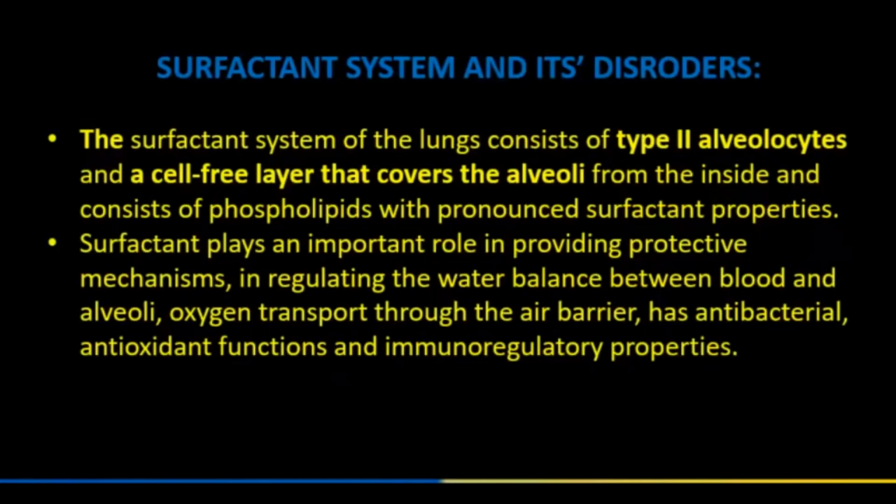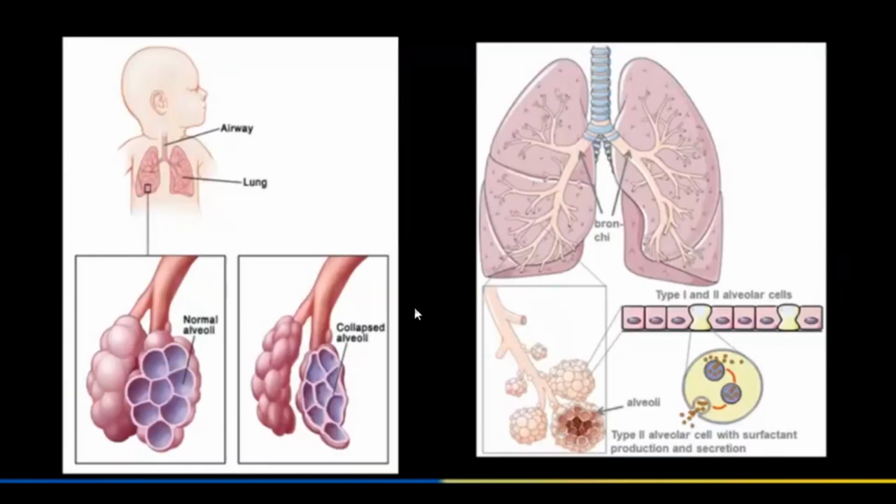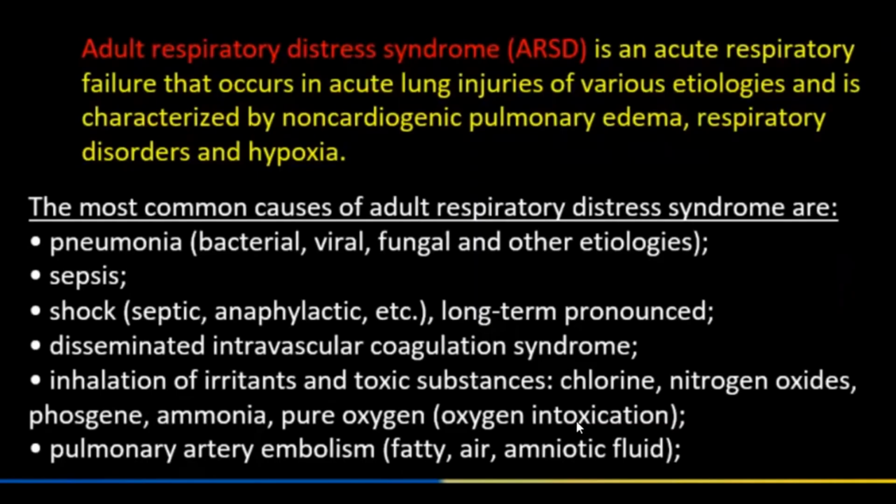The main role of the surfactant is to reduce the surface tension in the alveoli while reducing pulmonary pressure at the time of exhalation. And here, for example, type 1 and type 2 alveolar cells, and the type 2 alveolar cell with surfactant production and secretion in the alveoli.